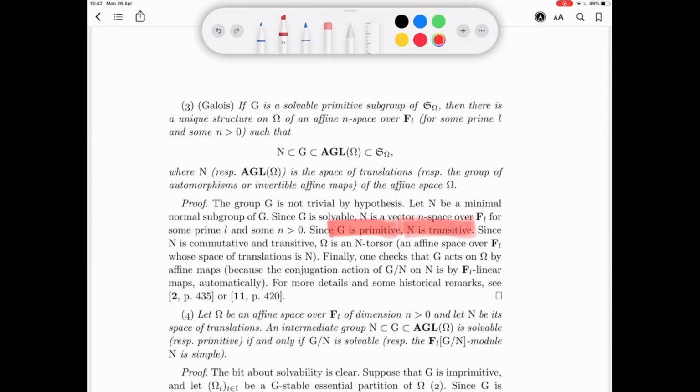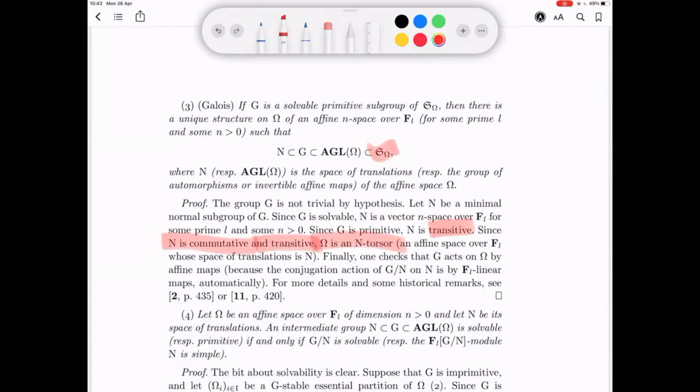These are two things that we know about N. So if you have a commutative and transitive subgroup of S omega, then omega automatically becomes an N-torsor. So what is a torsor? That's another word for a principal homogeneous space. I should have introduced that word. That's shorter, just one word instead of principal homogeneous.